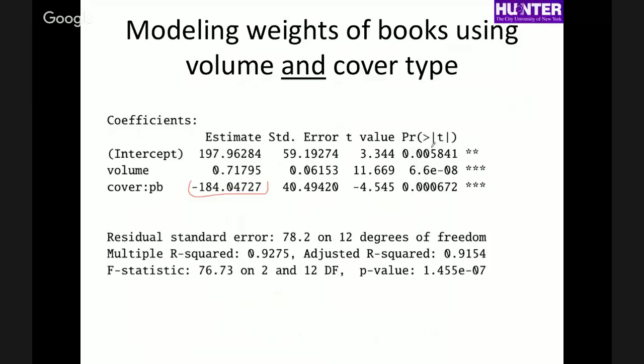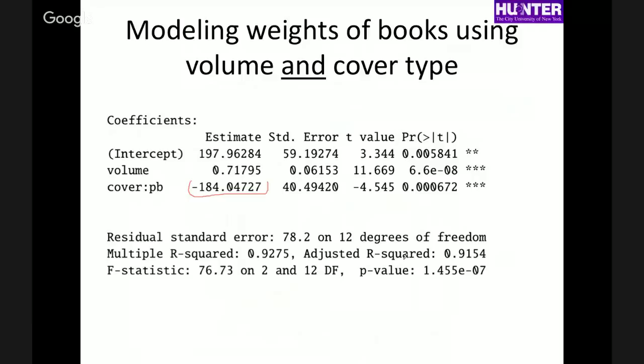Everything else is the same. We still have p-values for each of our estimates. That's a p-value against the null hypothesis that the true population value of this estimate is 0. We've got your standard errors and t-statistics. You'll notice that this multiple R² and the adjusted R² just went up a whole bunch.